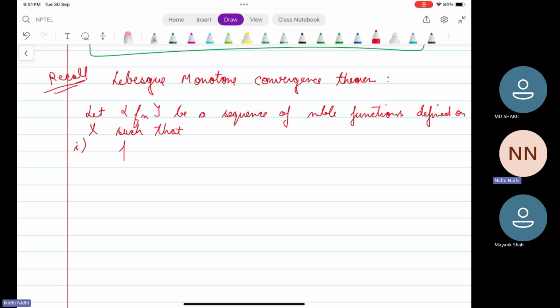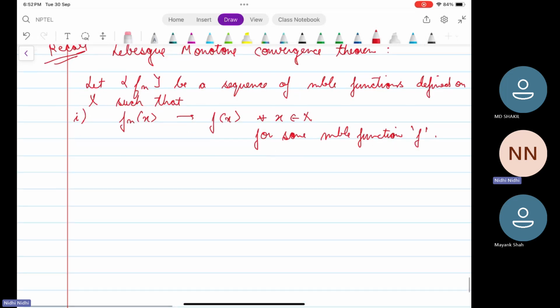Firstly, we have pointwise convergence, for every x in X, to some measurable function f. So basically the sequence is converging pointwise to some measurable function.